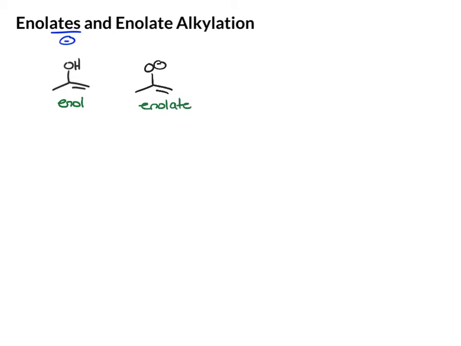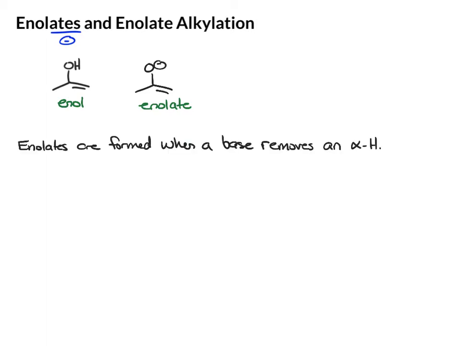So the way that enolates are formed, they're formed when a base removes an alpha proton. For example, if we take acetone, and then let's explicitly draw in an alpha hydrogen, that's relatively acidic.